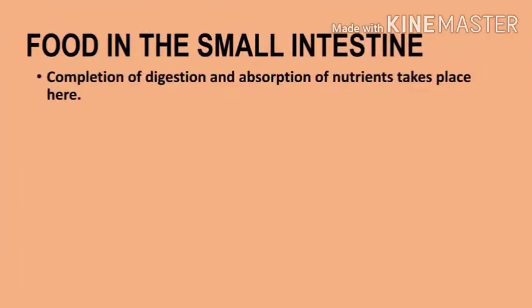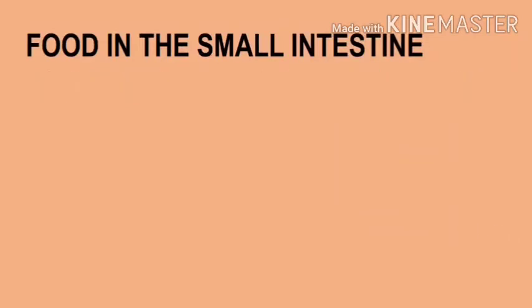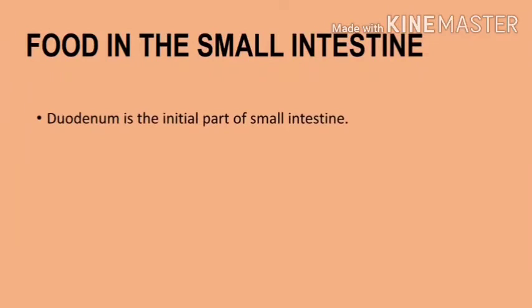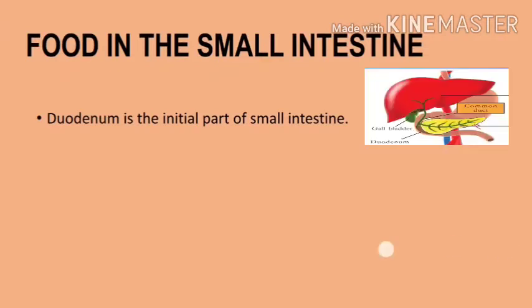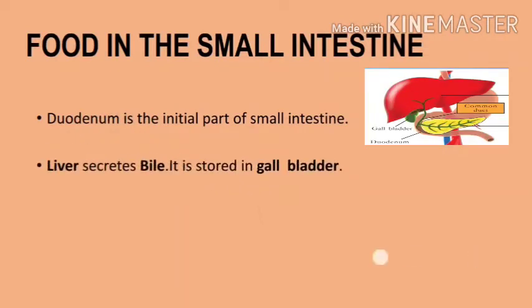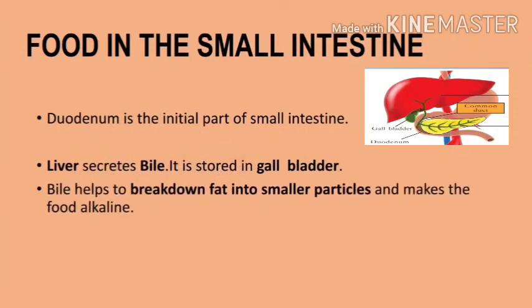The completion of digestion and absorption of nutrients takes place in the small intestine. We all know that the duodenum is the initial part of the small intestine where the liver and pancreas are found. Liver secretes bile and it is stored in the gallbladder.